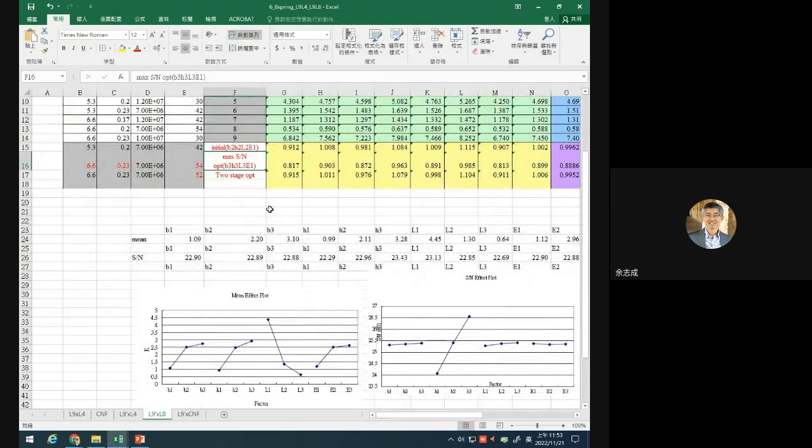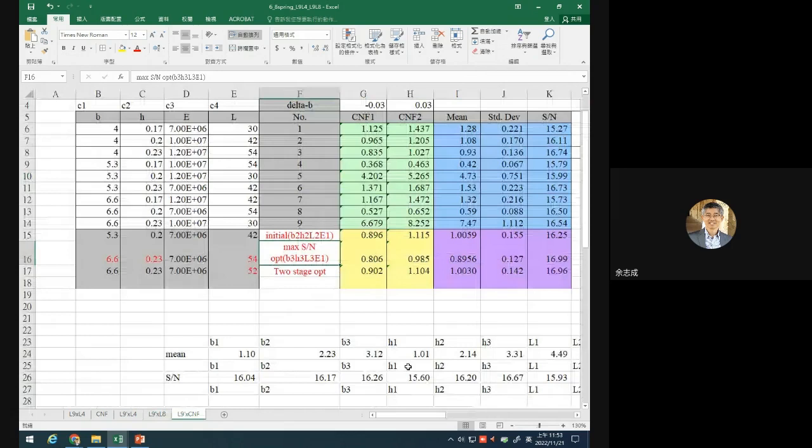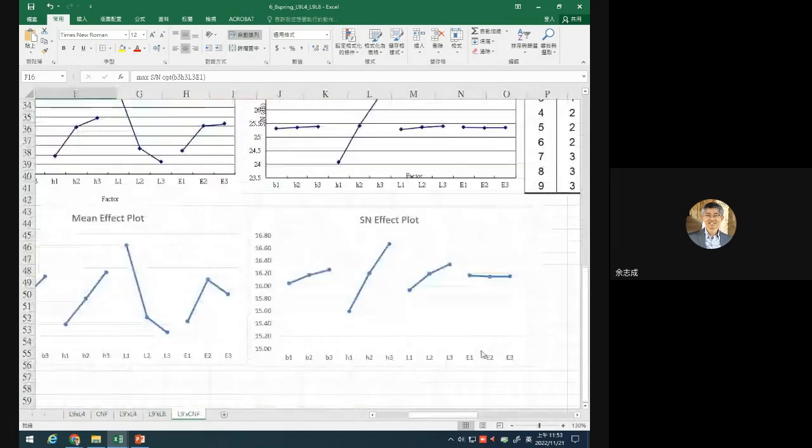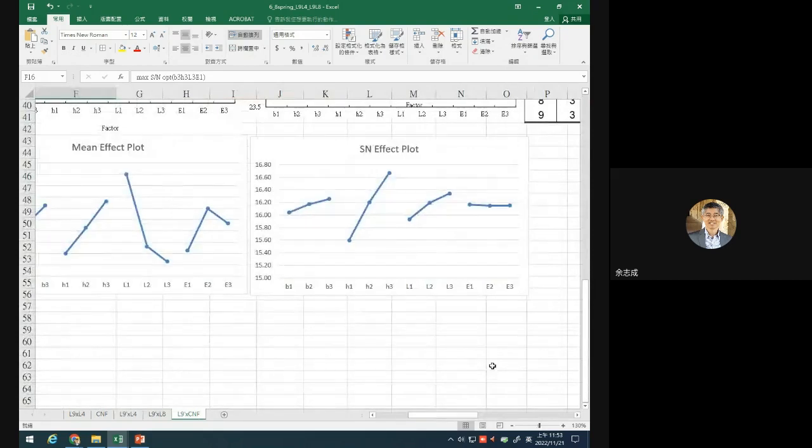The original L9 by L8 first stage optimization still has 3, 3, 3, 1, the same. And we were using compound noise factors from the smaller design, and we also have the effect plot. From the effect plot, although the tendency is different, we know we should select B3, H3, L3, E1, the same. So we are using the same combination.